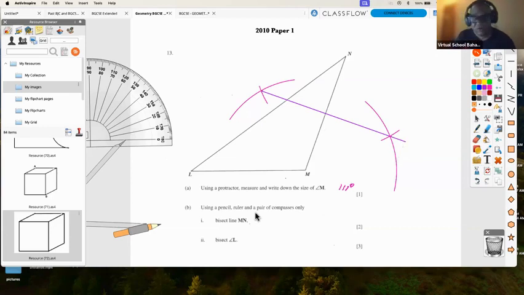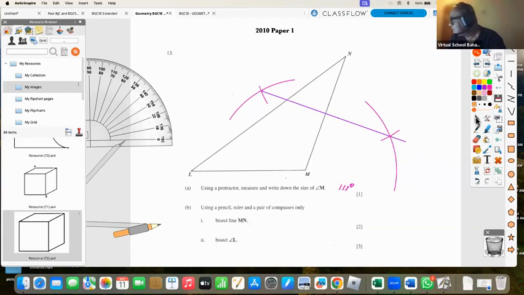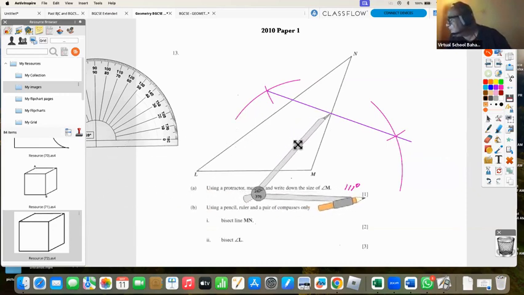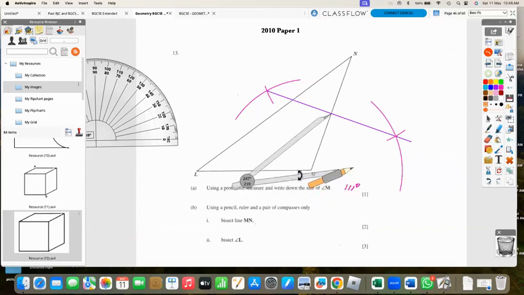So how do we know if we are correct? We can use this to test it out. I'm showing you how to test it out. You put that there, or you can use your ruler and measure it.